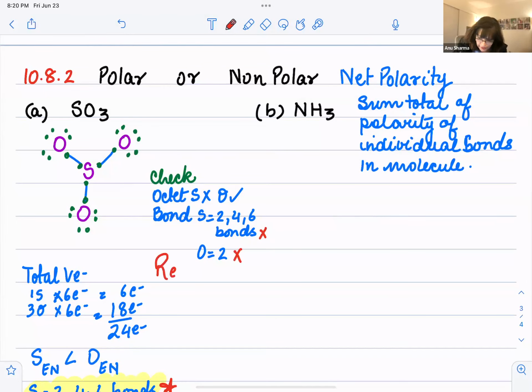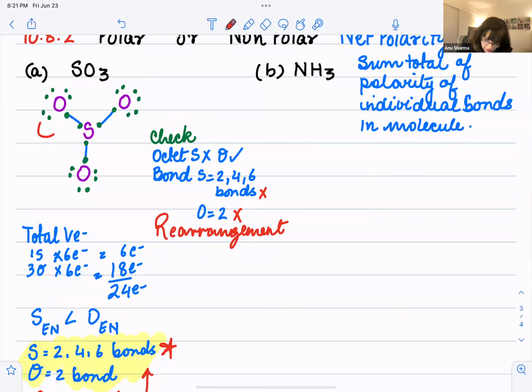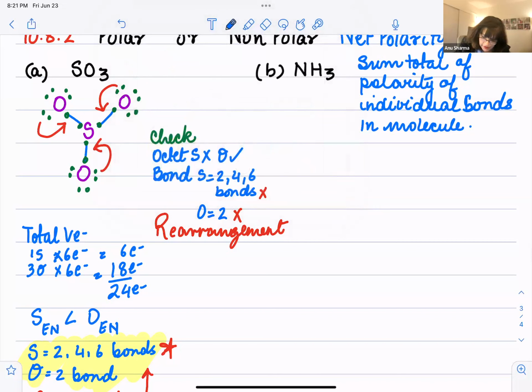We are going to do a rearrangement and bring in the lone pairs. This oxygen gives its lone pairs, and this one also gives its lone pairs, because sulfur can manage a maximum of 6 bonds. After this rearrangement, we have sulfur double bonded to oxygen.